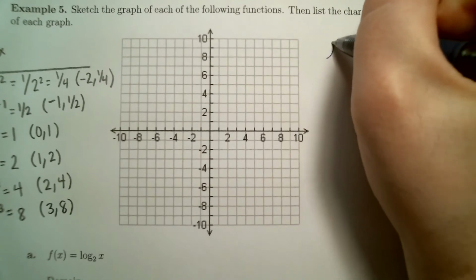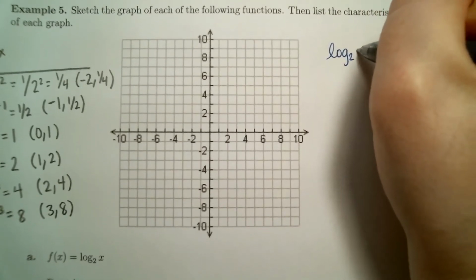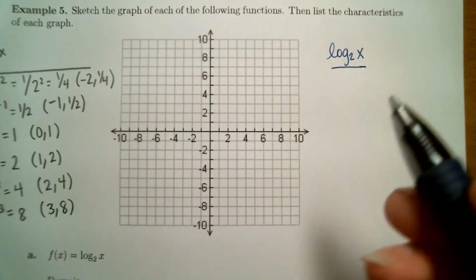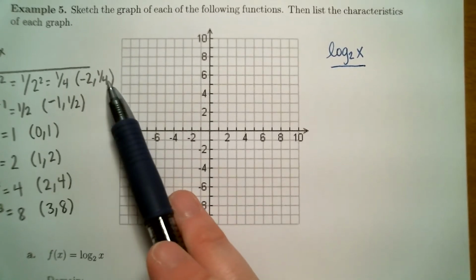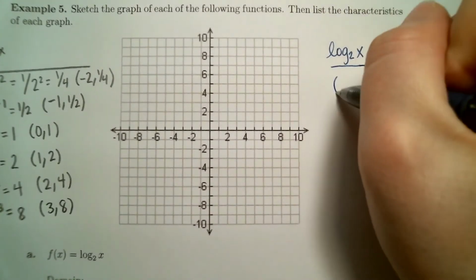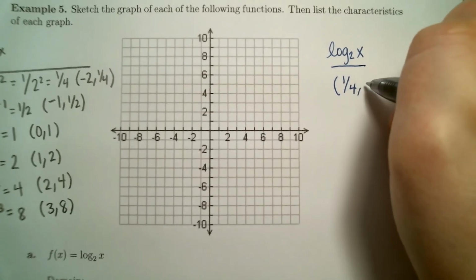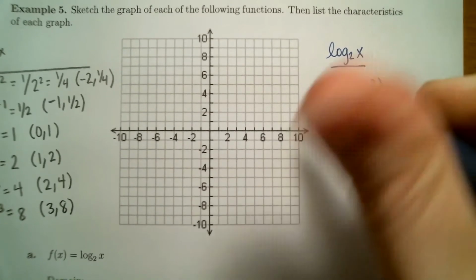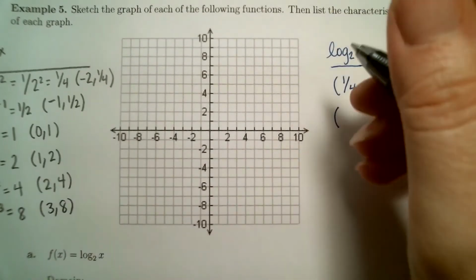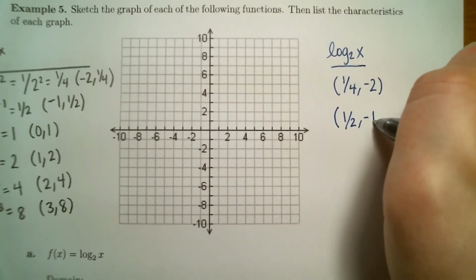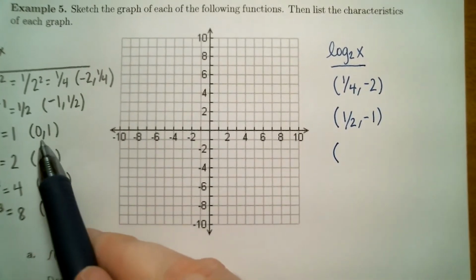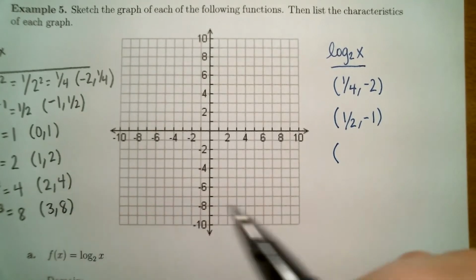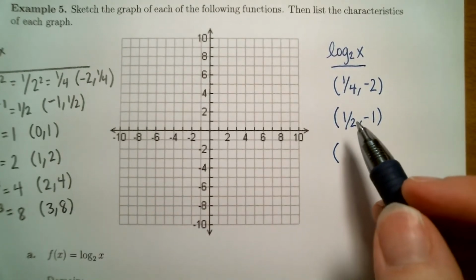It will go through the following points. Instead of -2, 1/4, it's going to go through 1/4, -2. Instead of -1, 1/2, it will go through 1/2, -1. I'm just switching the x and y coordinates to get points on the graph of log base 2 of x.